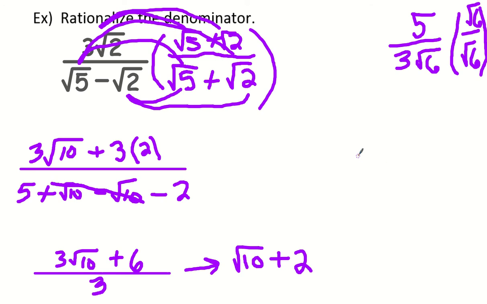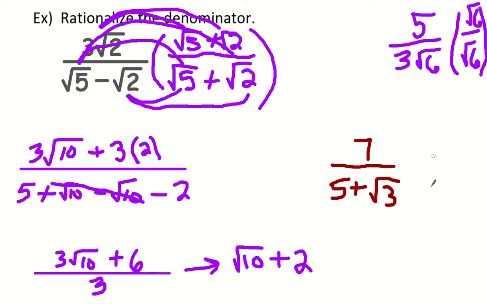So just really quick, another little mini example, I'll even change color. What if you had 7 over 5 plus, let's say, I don't want to make it too big of a number, 5 plus root 3, okay?